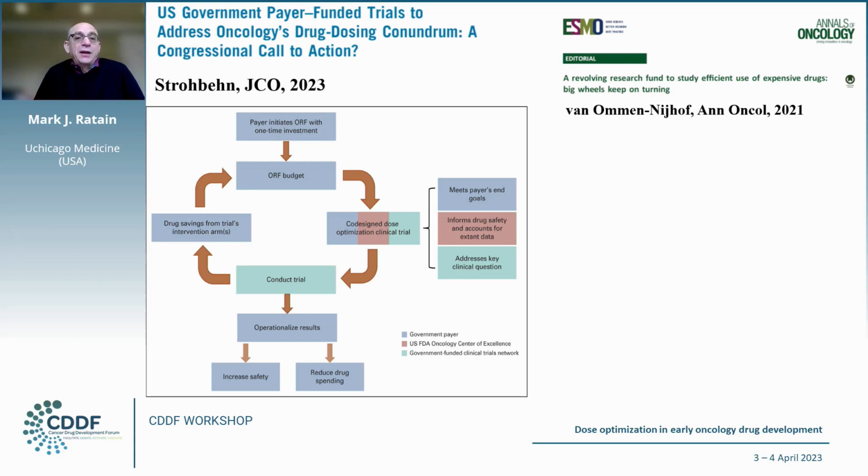It's basically a negative cost because of the high cost of drugs, which would be reduced in half the patients. And this is similar to an approach that has been piloted in Europe, described in this paper from the Netherlands by Van Am and Nijhoff, published in Annals of Oncology. The senior author is Gabe Sonke.